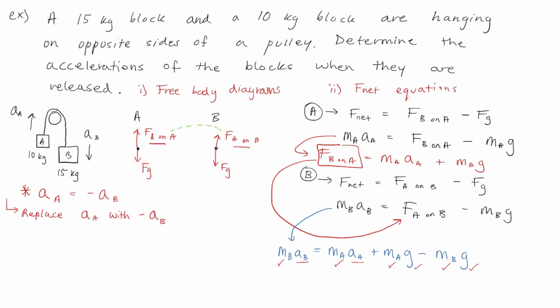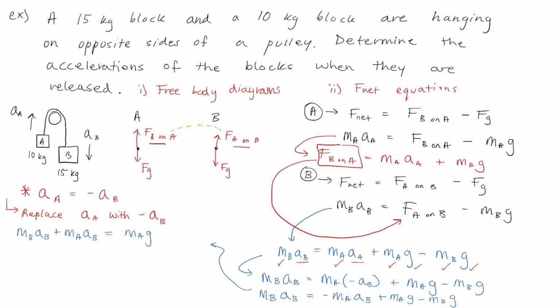So what we can do is replace the acceleration of A with negative the acceleration of B. So I replace the acceleration of A with the acceleration of B, but don't forget the negative sign. And then all I have to do is rearrange and isolate for the acceleration of B.